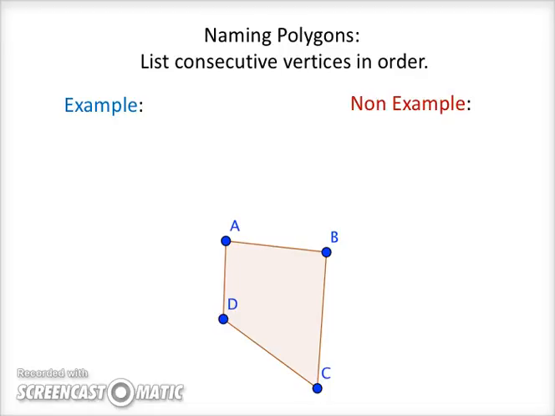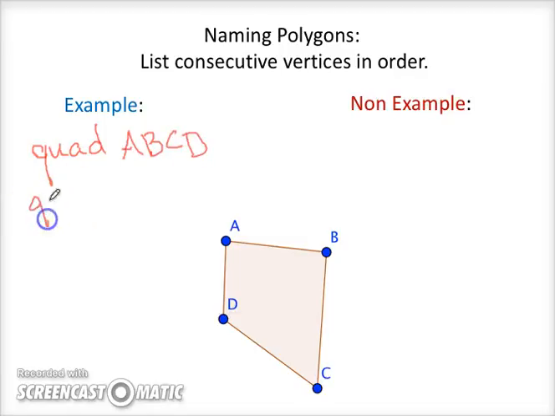Naming polygons. To name a polygon, we simply list the vertices in consecutive order. So examples of how we could name this polygon would be, we could call it a quad. Usually a four-sided figure is a quadrilateral, so we sometimes abbreviate that quad ABCD.